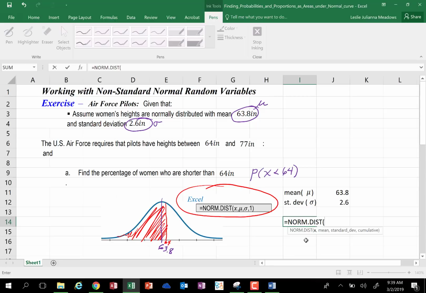Now that we've chosen norm.dist, the first thing it asks us to enter is the X value. The X value that we're interested in is 64. Next, it asks us for the mean, and I've taken the liberty of doing some note-taking, and the mean and the standard deviation are already listed above. I'll click on those.